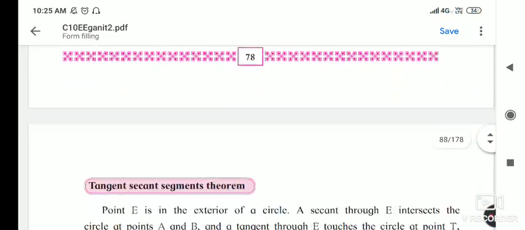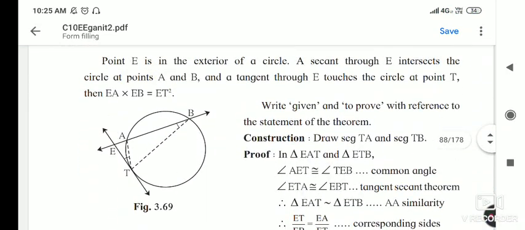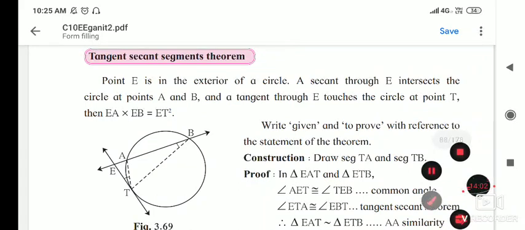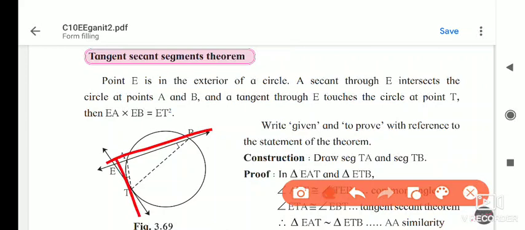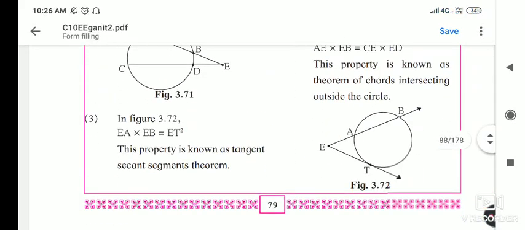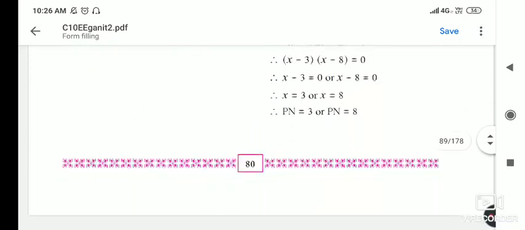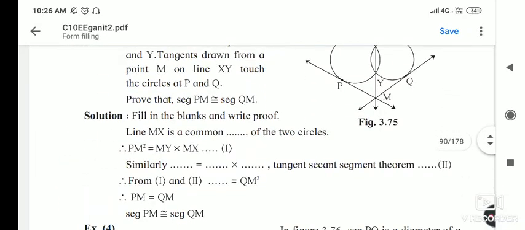Afterwards we saw that when AB is a secant and ET is a tangent, then ET square is equal to EB into EA.